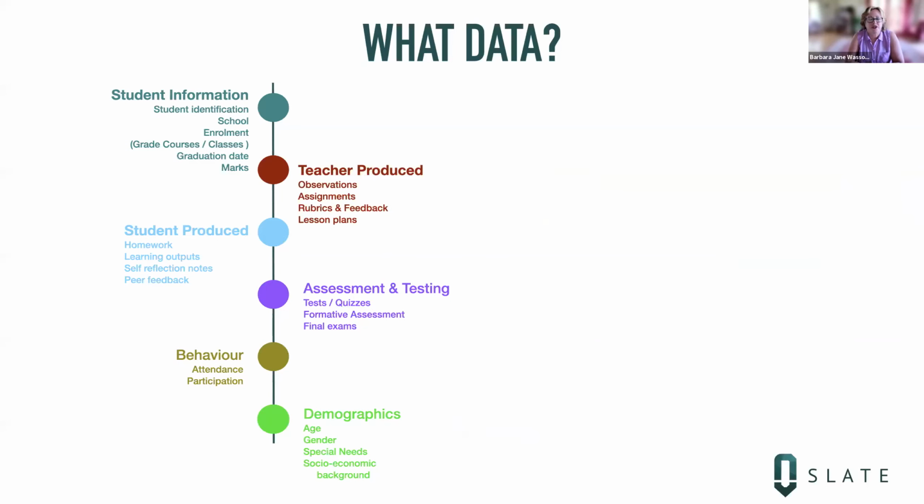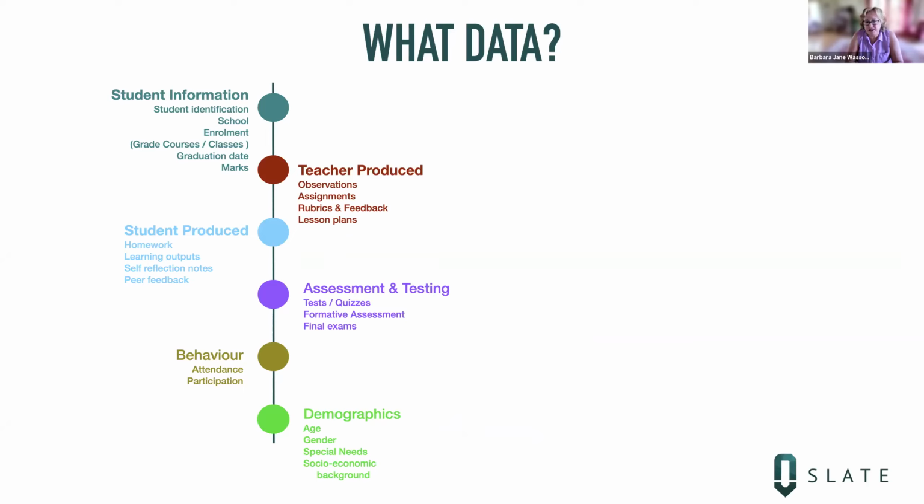And if you look at traditional educational research over the last 100 years, you'll see this kind of data: student information, data about the school they're going to, what programs they're enrolled in, what grade they're in, etc., what marks they're getting. You get teacher-produced information like observations they make on their students or assignments, the rubrics they use to be able to give feedback to students, lesson plans, student-produced data such as homework or learning outputs, self-reflection notes or peer feedback, assessment and testing, of course.